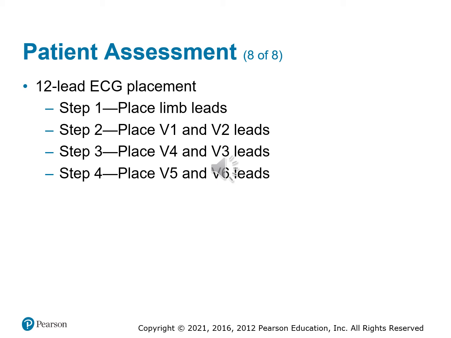Then V5 and V6 are the last 2 leads. V5 and V6 are placed also in the 5th intercostal space, but the V6 lead is going to go mid-axillary line, so that's right down their side along that intercostal space, and V5 is going to go just between V4 and V6.